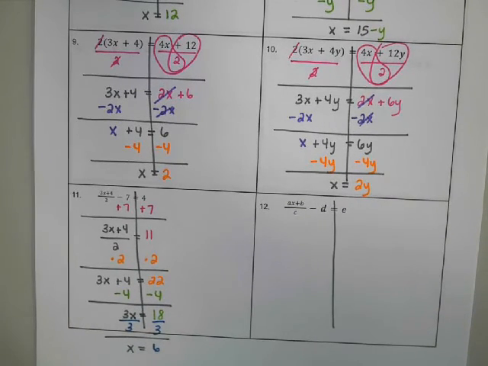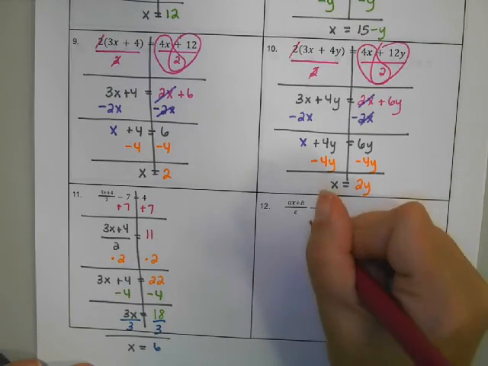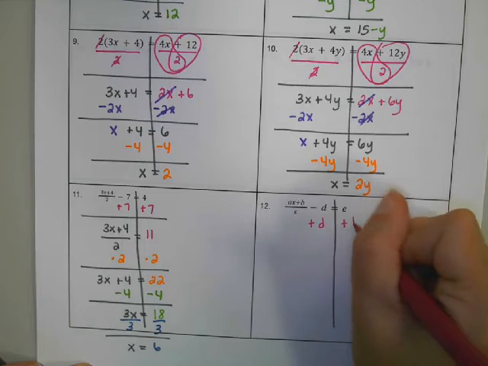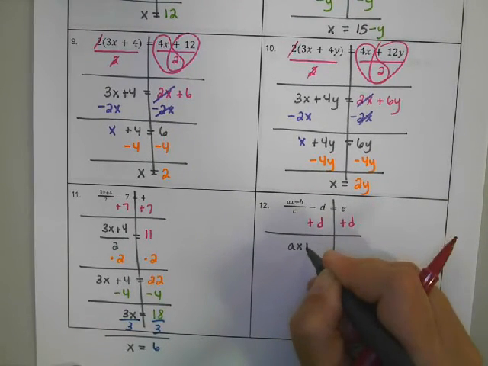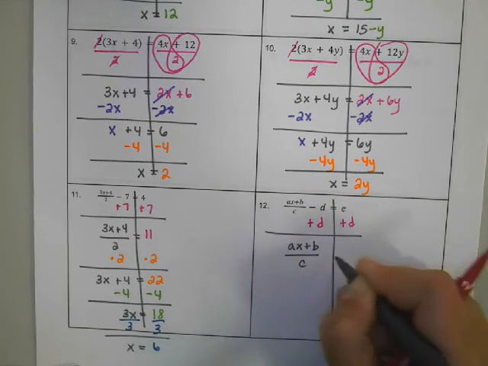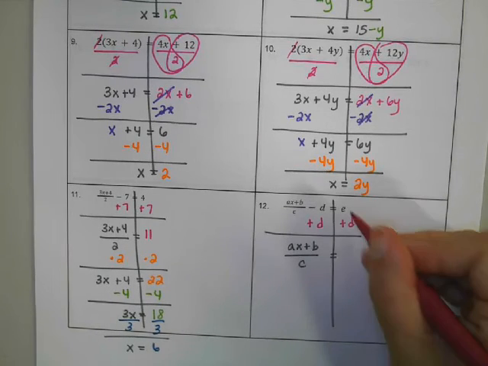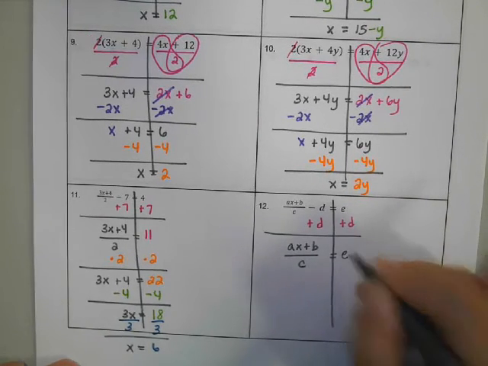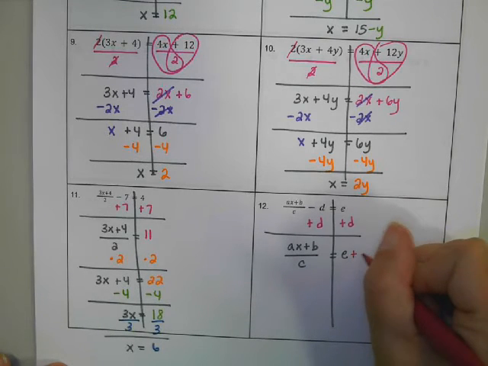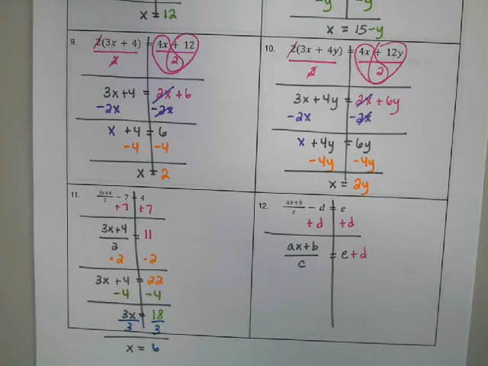The first thing that I'm going to do here is add d on both sides. That's going to give me ax plus b all divided by c equals, now I don't know what e is and I don't know what d is, so I can't combine them. They're not like terms. So I'm just going to write e plus d. Next, over here, we multiplied by 2.